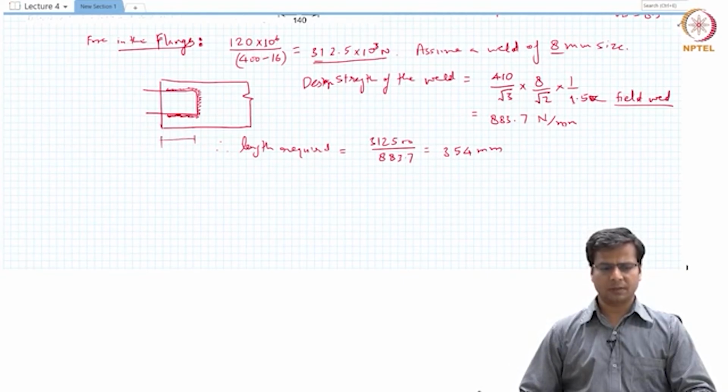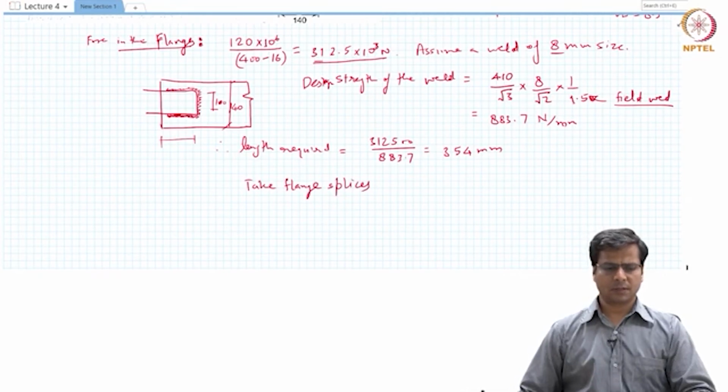That means the weld has to go on three sides. On this side, since the total flange width is 140 millimeters, we can take a splice of 100 millimeters, which will be far away from the edges, so there is no issue there. So 100 millimeters is covered here. Total we need 354. To be on the conservative side, let us take the flange splice in such a way that it has 200 millimeters on each side available.